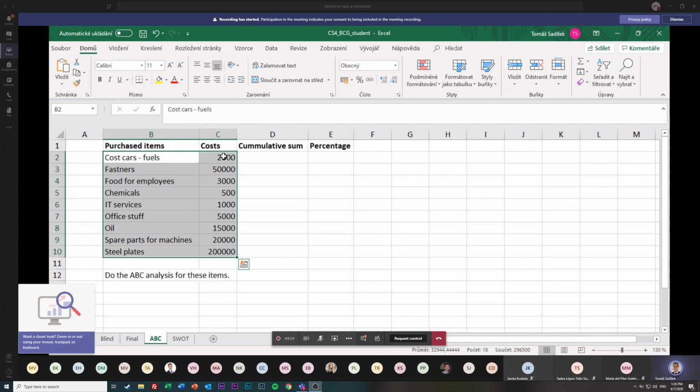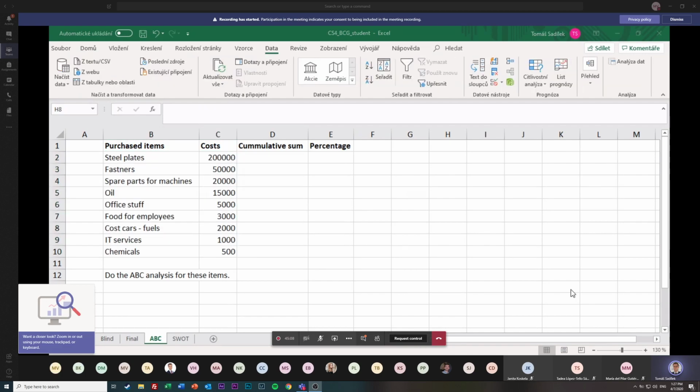Sort the data based on cost from the biggest to the lowest value. If you have some questions or troubles, please write me in the comments, and I'm going to help you.